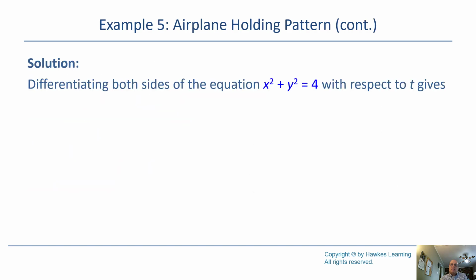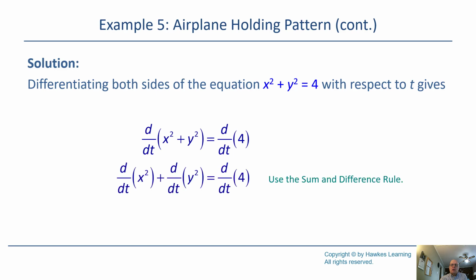So we differentiate both sides of the equation, and we're going to use our implicit differentiation. Split those up according to the sum and difference rule. Do the differentiating.